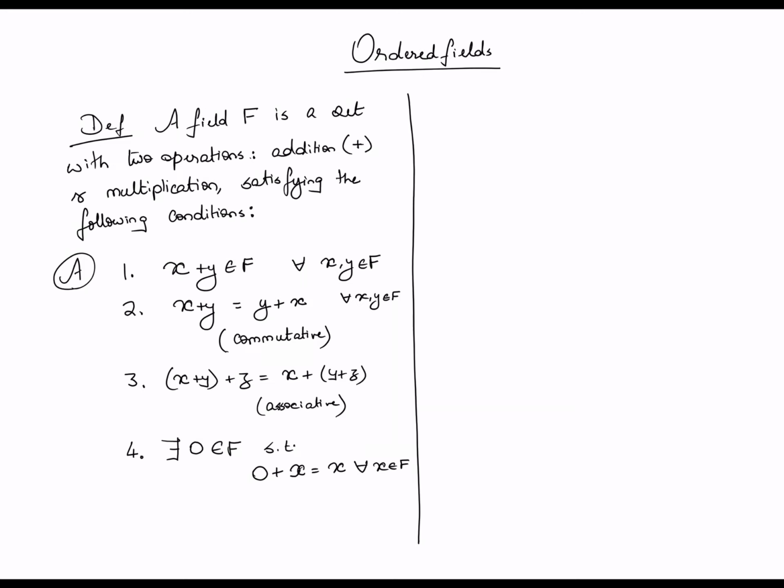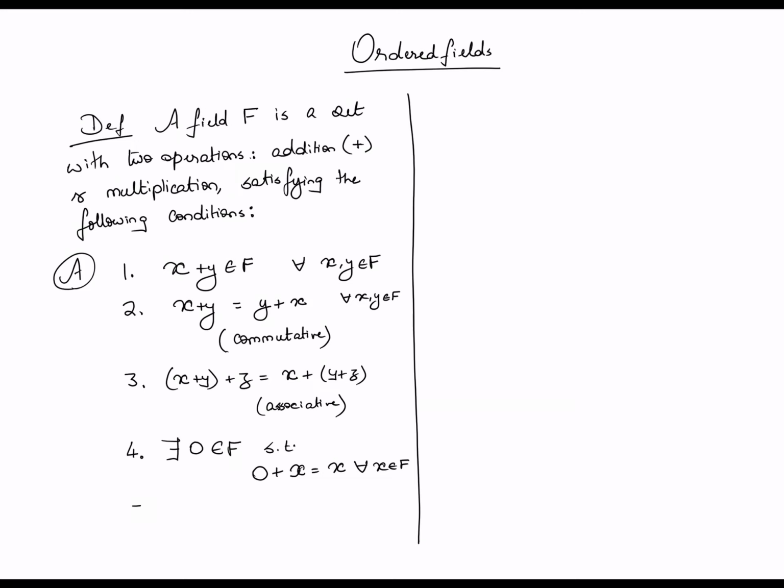Okay, so there should exist this special element, I'm just labeling it as 0, which satisfies the property that if you add 0 to any other element, you will get back exactly the same element. Okay, so that's the fourth property.